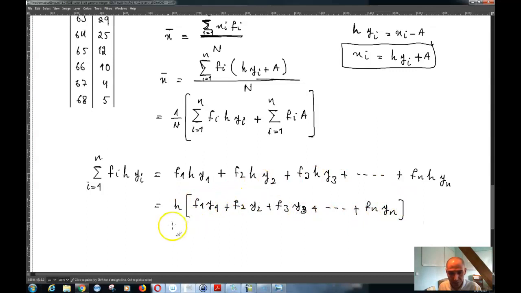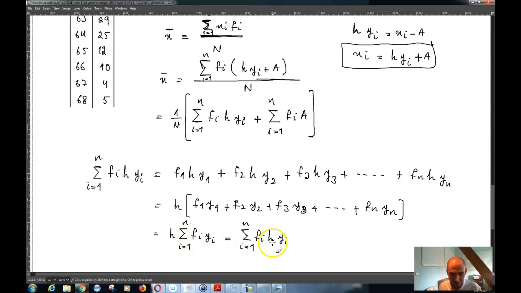And this expression I can write as h times sigma f of i y of i as i goes from 1 to n, which is equal to this expression, sigma f of i h times y of i as i goes from 1 to n.